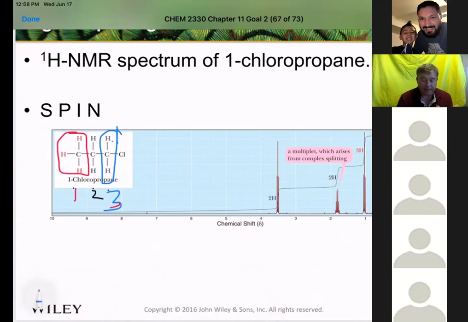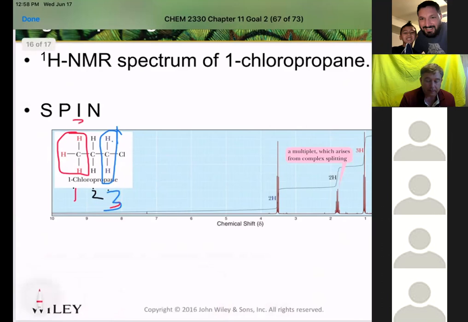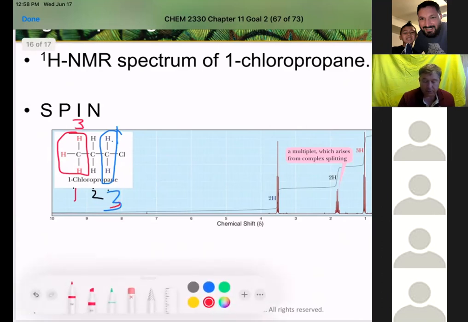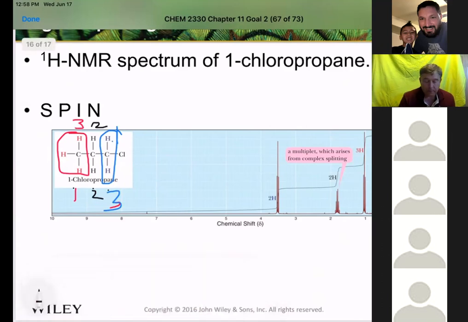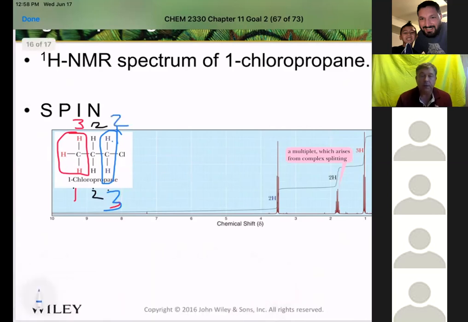Let's do intensity now. Intensity for number 1 is going to be a total of 3. For number 2, it's going to be 2. And for number 3, it's going to be 2, because there's 2 hydrogens there. So now we've done our number of peaks and our intensity of peaks.